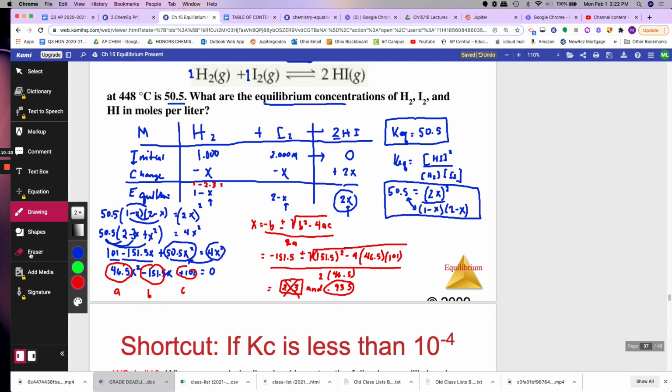Okay? So at equilibrium, when the reaction is all done, you used to have 1 molar. You're going to use 0.935 of it. So 1 minus 0.935 is how much H2 you'll have left over.